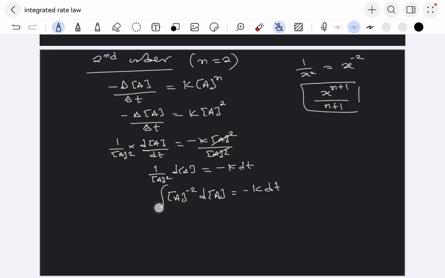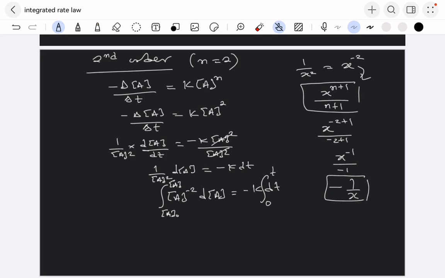So when we do the integral of this with the limits initial to final, the limits 0 to t, it becomes A to the negative 2 plus 1 over negative 2 plus 1, which when you do your math becomes negative 1 over A. So this is what is happening.